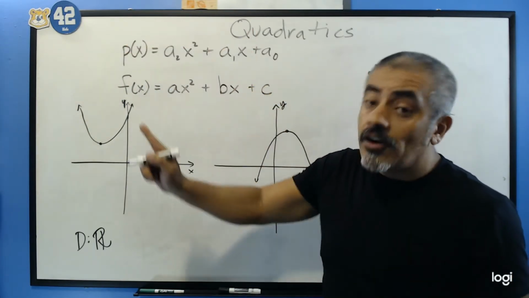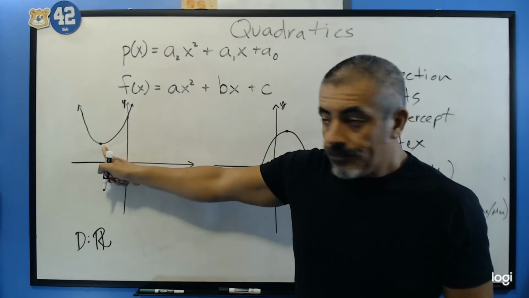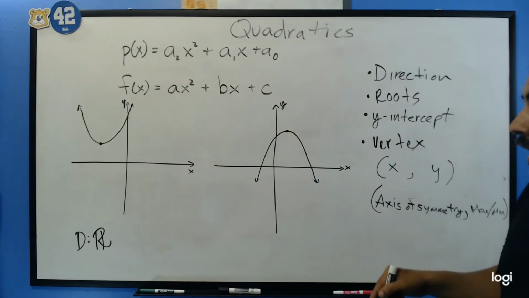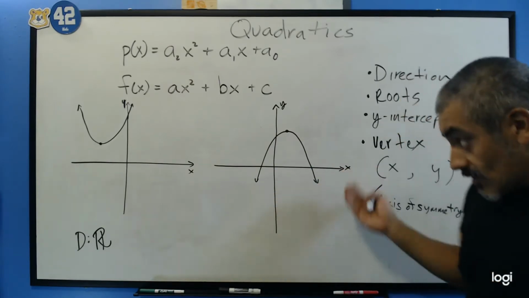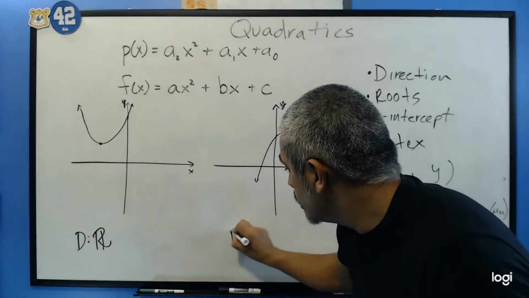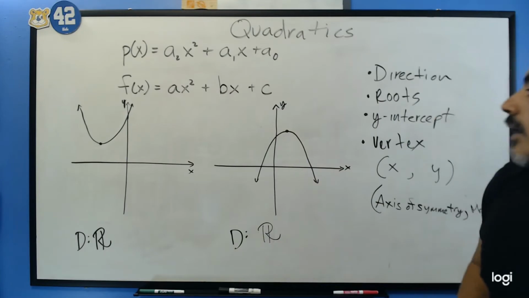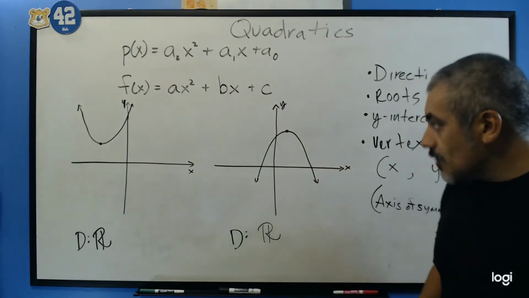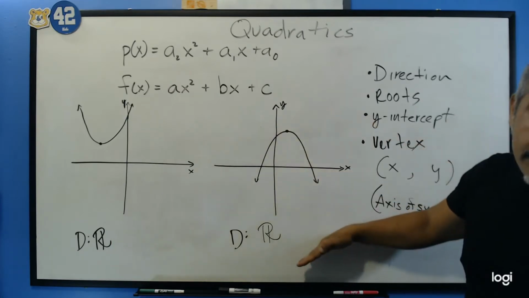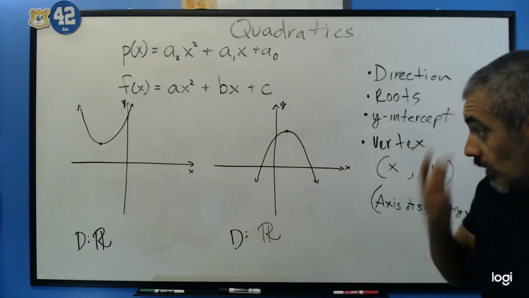The range starts at the minimum value in this case. On the other hand, for this downward parabola, we have that the domain is also all real numbers. And the range in this case is also limited because this parabola only exists from that point down. So the range is not going to be all real numbers. And that's going to be helpful later on.